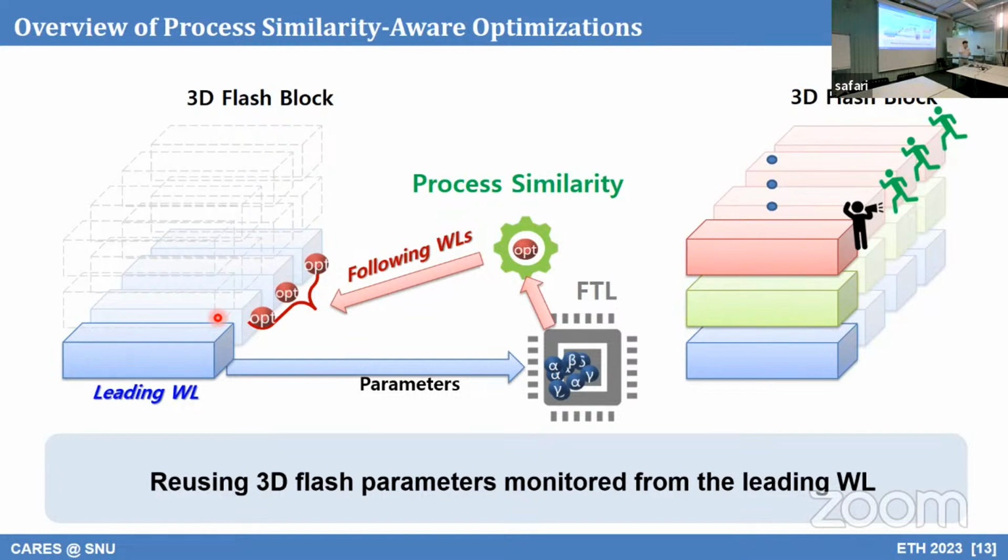And so you repeat programming, adding a small voltage incrementally. Depending on how many times you go through this repeat process, it determines your program or write latency. So if you know in advance, for example, that you need only 5 steps, then for the remaining word lines you don't need to go through that process again. You can just pick 5 as the answer and apply it. So that's the idea.